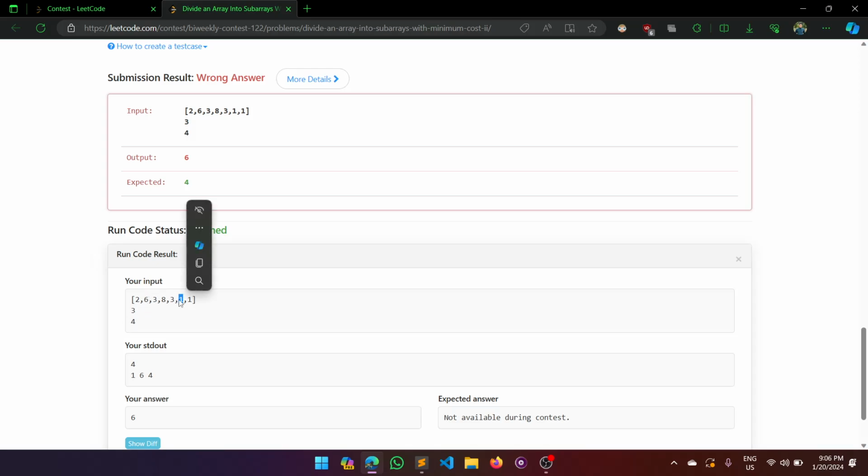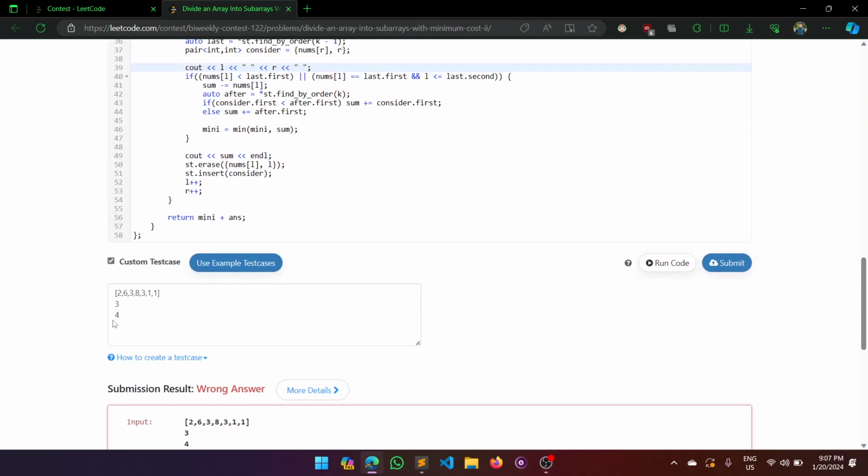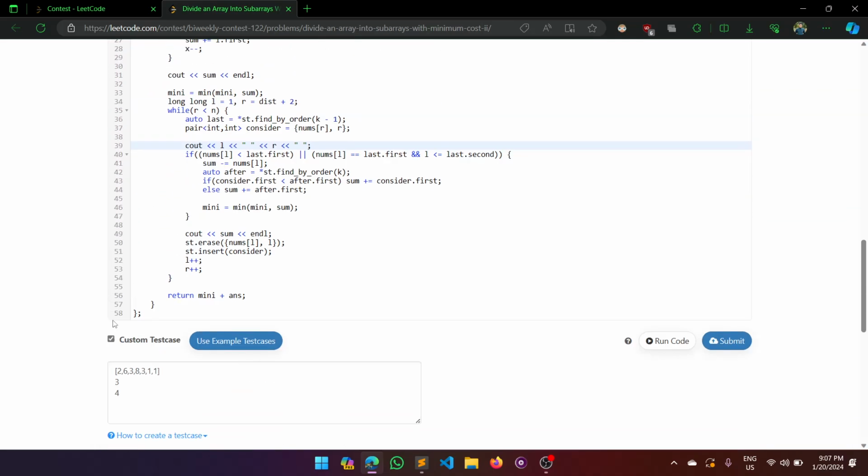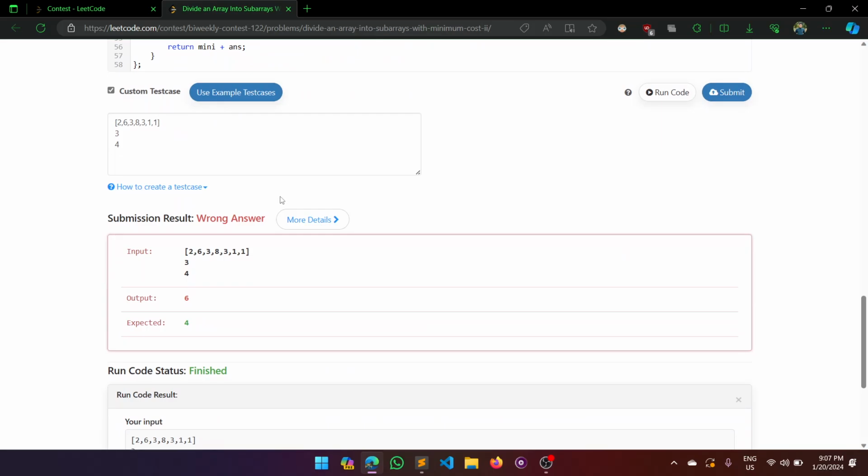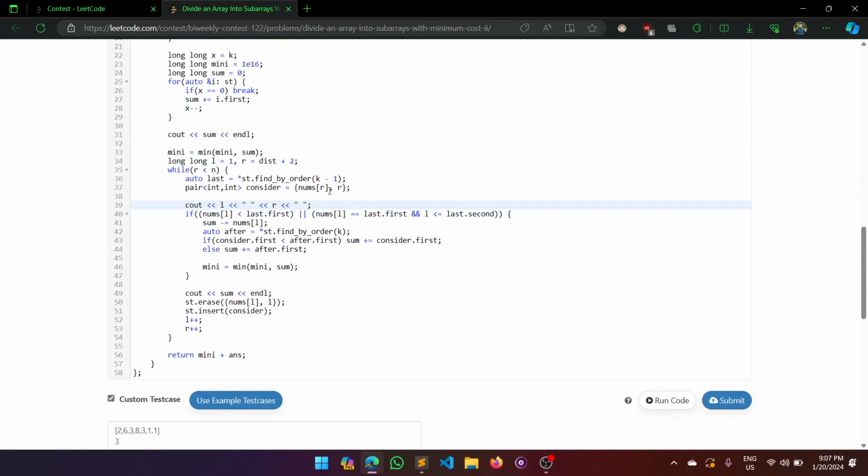It could still be smaller than. Okay. So last element that I have considered is k minus 1.